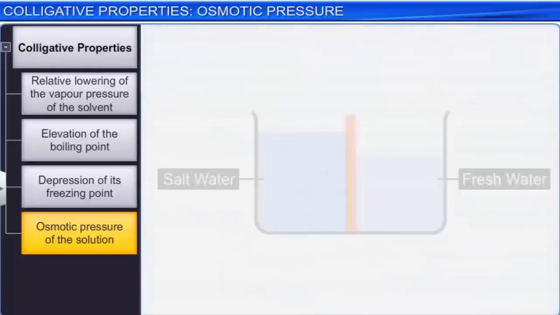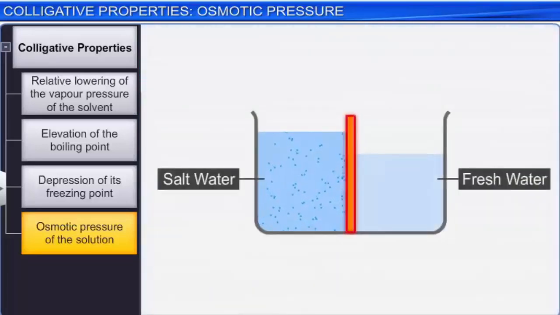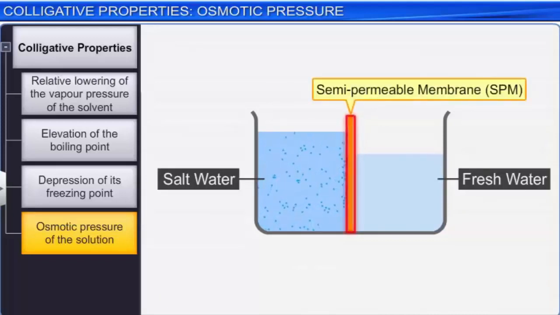Such membranes, which are selectively permeable to only certain molecules, are known as semi-permeable membranes or SPM. These membranes can be of natural origin or synthetic origin.